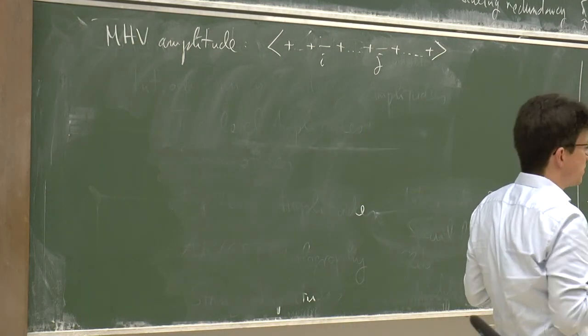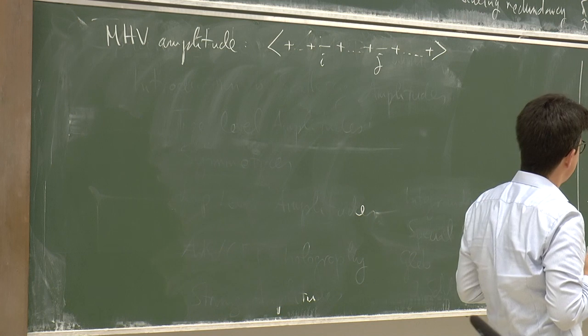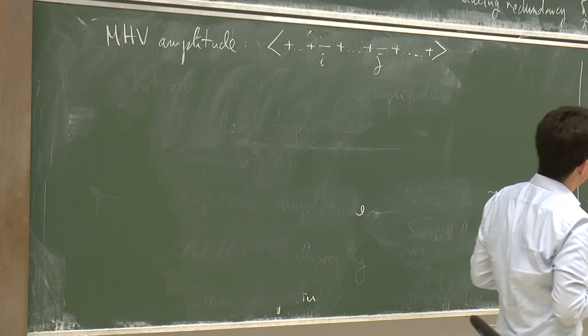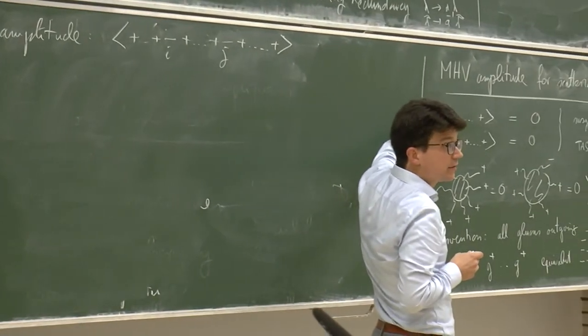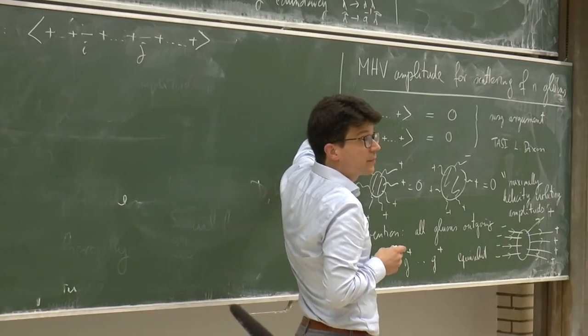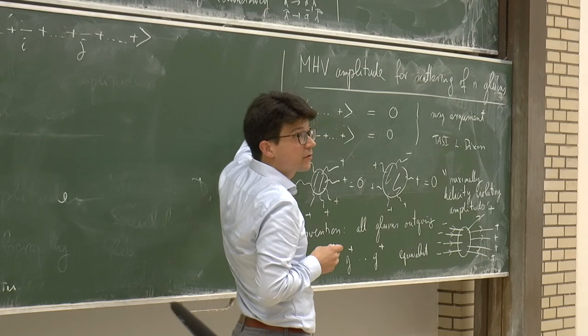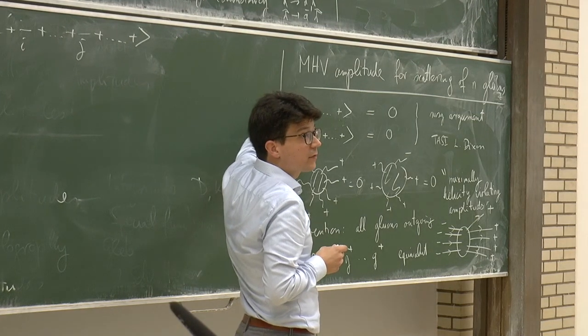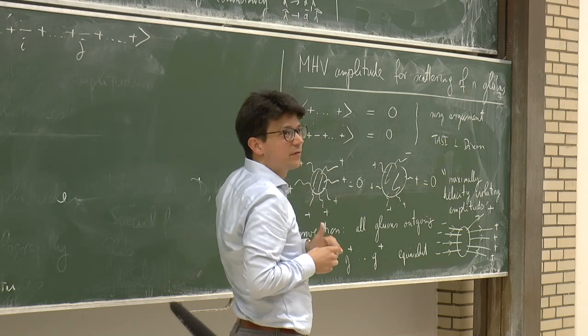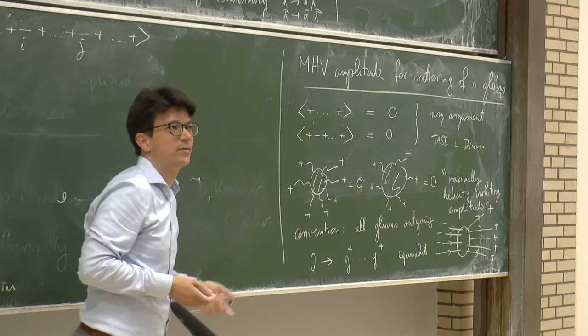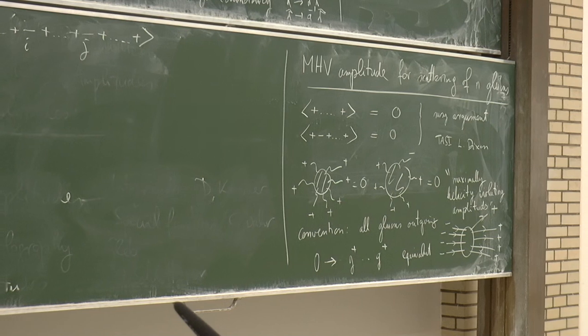I should emphasize that this is true at tree level. At loop level, these amplitudes are in general non-zero, and so at loop level it's a bit strange to use this naming of MHV and so on. But I guess you understand where it comes from.